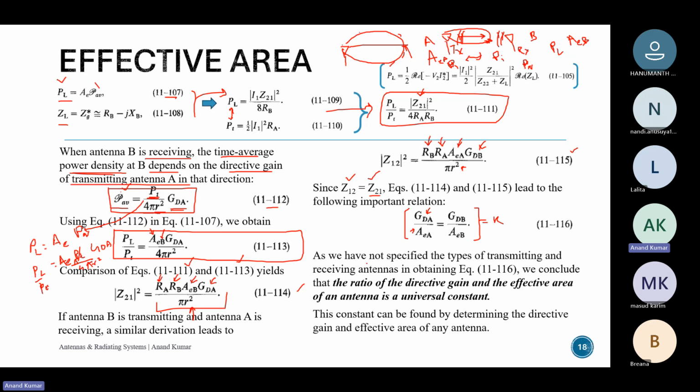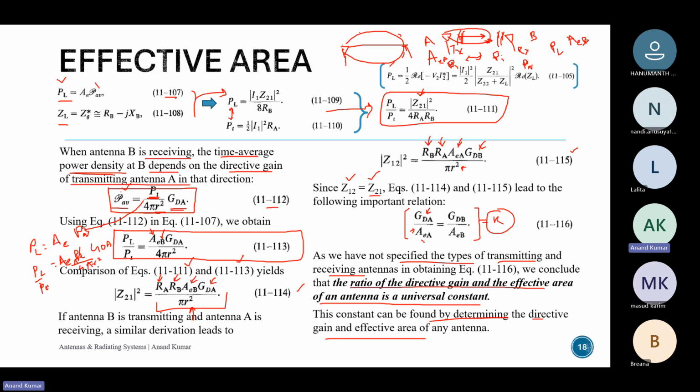Since you have noticed, we have not specified any type of transmitting or receiving antenna. All this was just considering that it could be any antenna. The ratio of the directive gain and the effective area of the antenna is a universal constant. So this constant can be found by determining the directive gain and the effective area of any antenna.